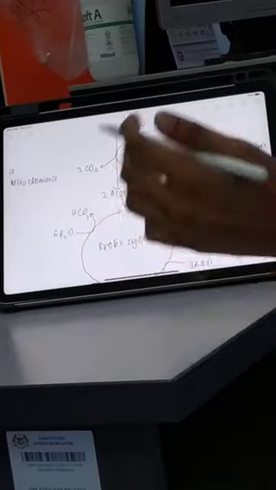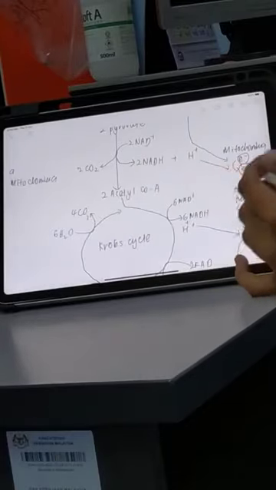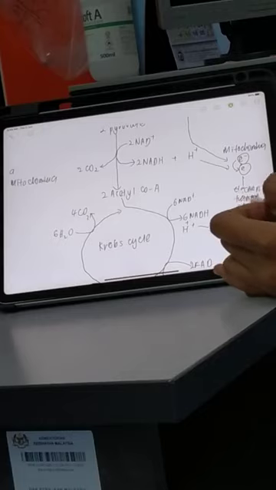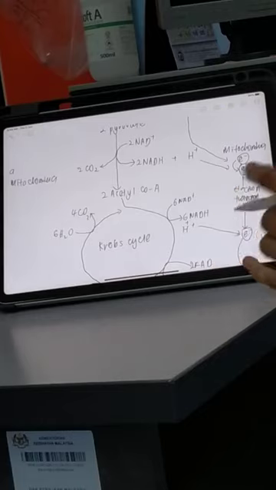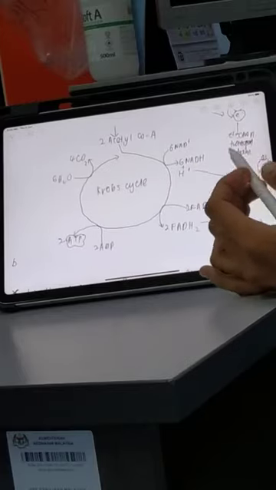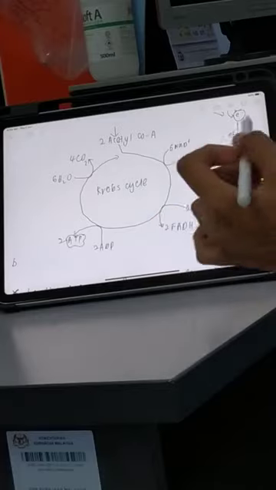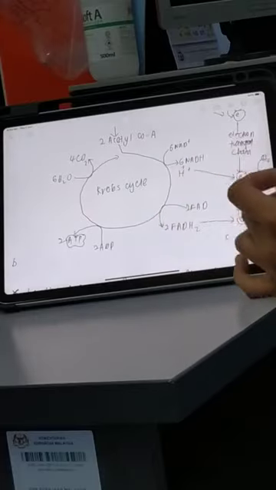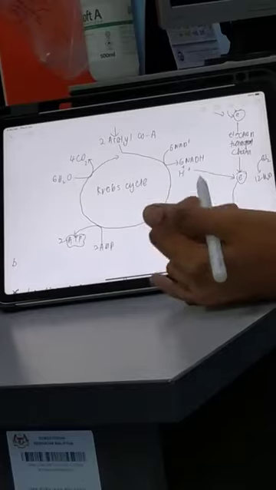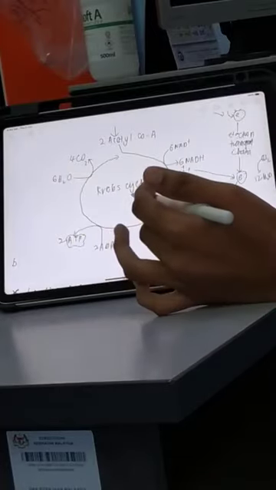The electron will pass from one complex to another complex, so that's why it's called the electron transport chain. There will be oxygen there, so the hydrogen will mix with this oxygen and produce water. Why? To avoid the acidification of the cell, basically.